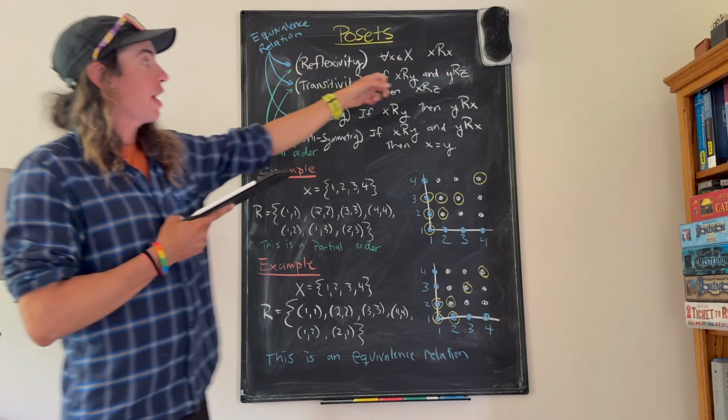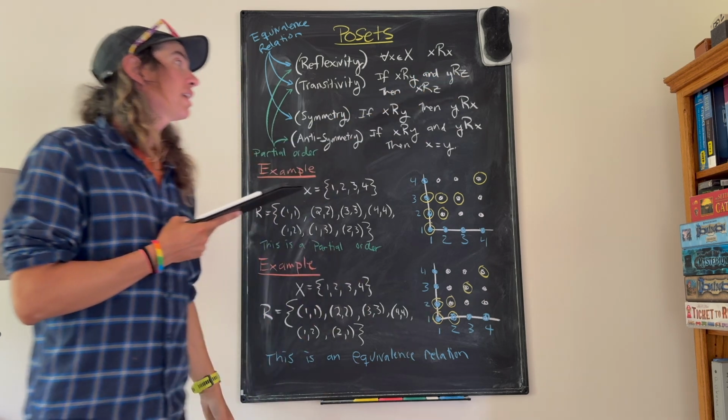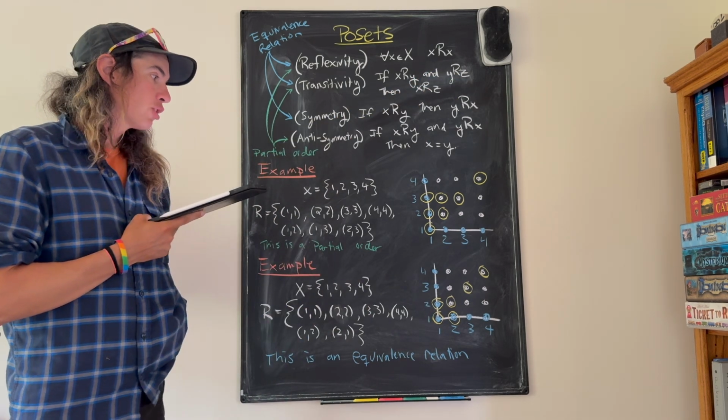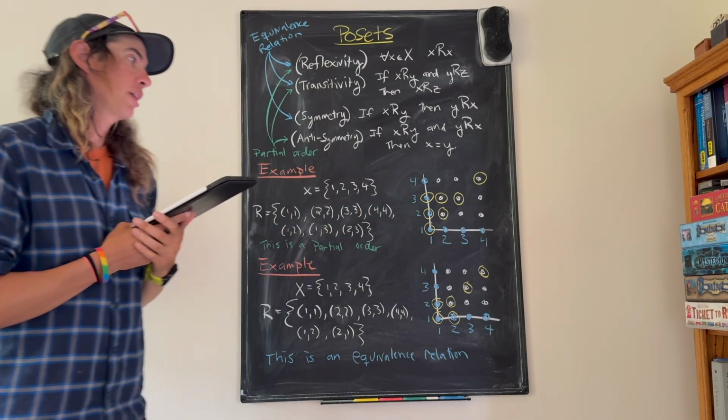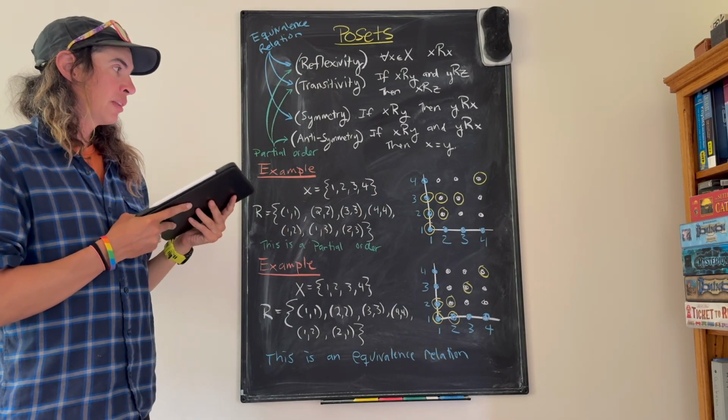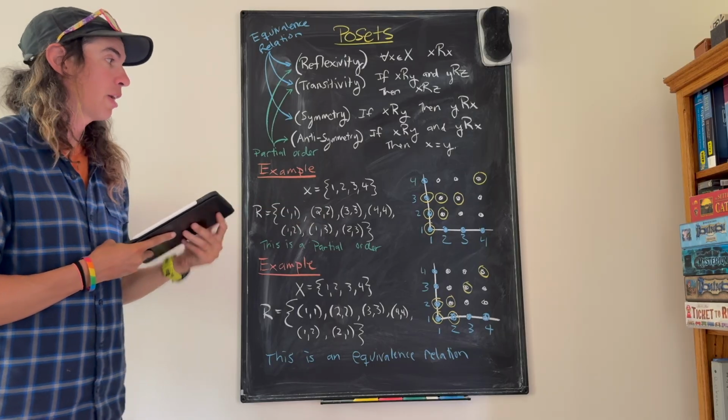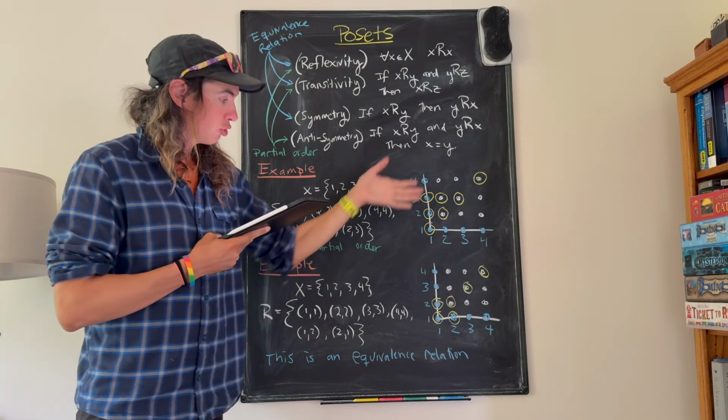Transitivity says if x is related to y and y is related to z, then x is related to z. And so this is a little bit more difficult to see in the diagram. Maybe it doesn't have a super clear explanation in terms of the diagram, but we can check that this is true on both of these.